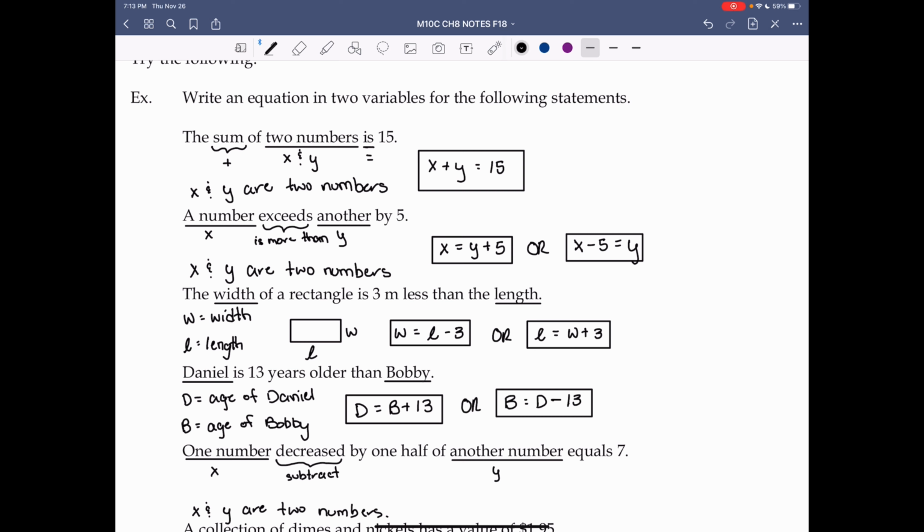One number decreased by 1/2 of another number equals 7. So we know it's going to equal 7. Our first number is x, and it is decreased by 1/2 of y. So x minus 1/2 of y, which is 1/2 times y, or y divided by 2.